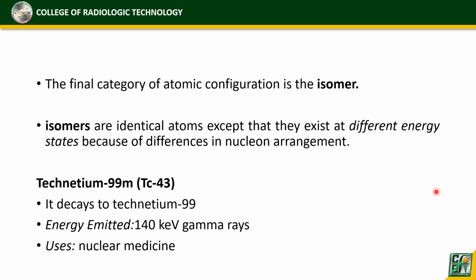Okay, siya ay nag-e-emit ng gamma radiation. Okay, so usually, ito ay ginagamit sa nuclear medicine. Either ini-inject sa pasyente or pinapatak sa, let's say, kung dacryoscintigraphy ang gagawin, pinapatak sa mata, para makita kung may blockage ba yung daluyan ng luha.